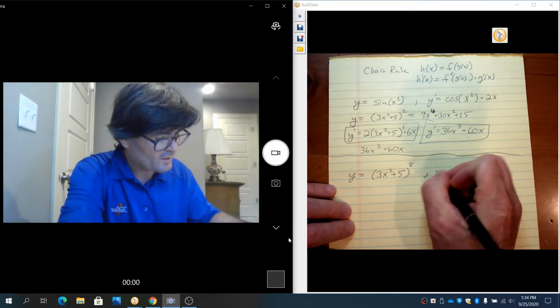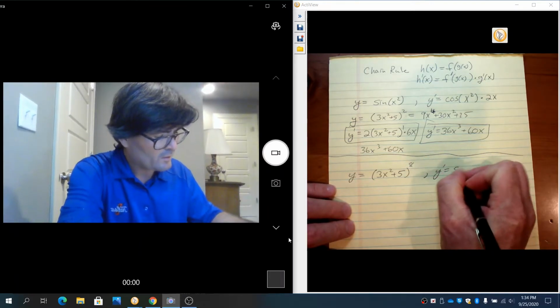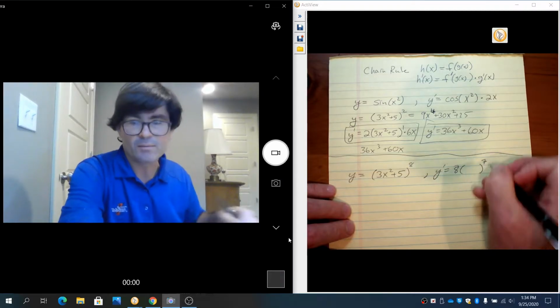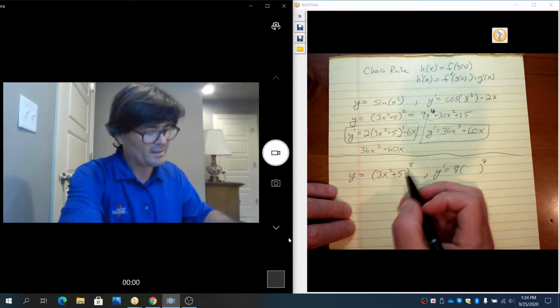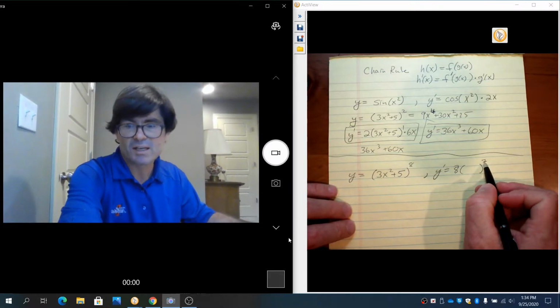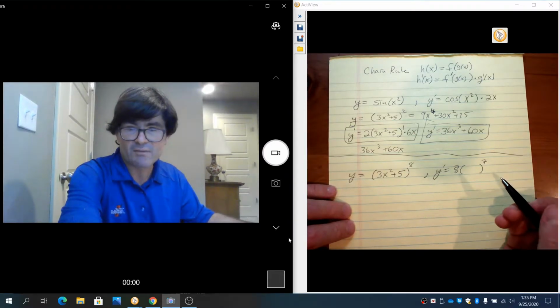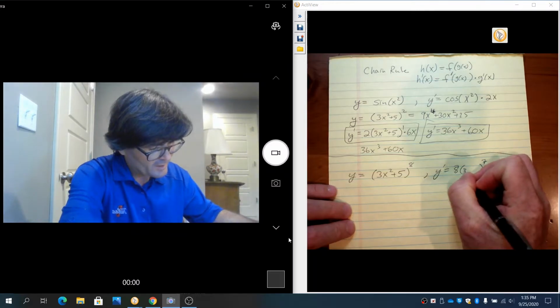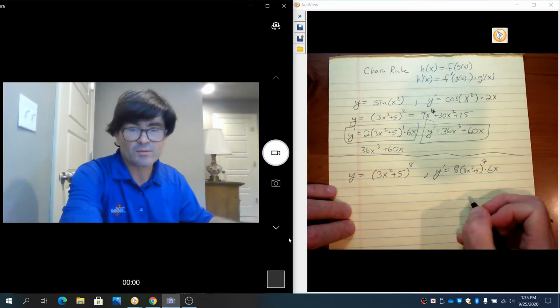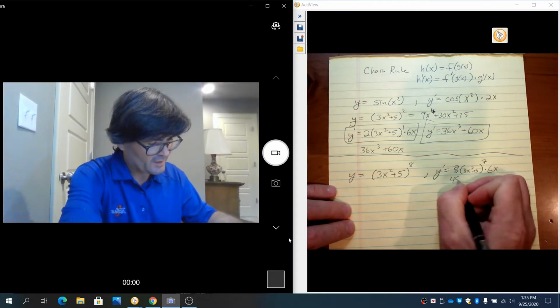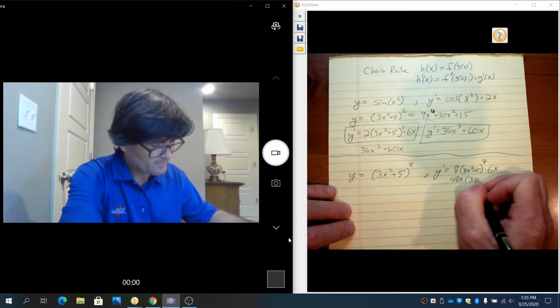So in this case, you can see where the chain rule really comes into being useful. The first step of the chain rule out of 3 steps is you bring the 8 down, drop the power by 1 to 7. That's the power rule for that outside function. Recopy the inside, and then multiply by 6x, which is the derivative of the inside. You can clean it up a little bit, I suppose.